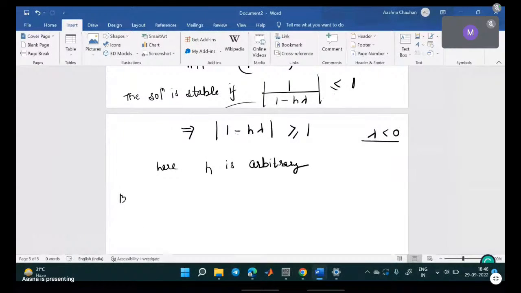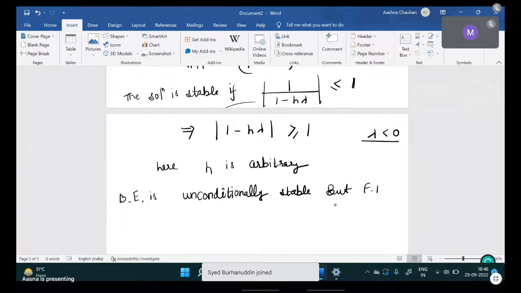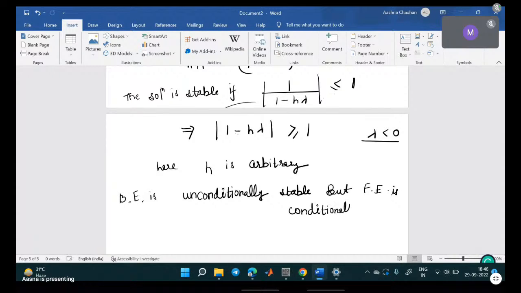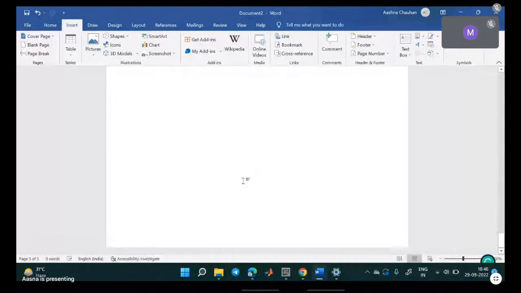So backward Euler is unconditionally stable, but the forward Euler is conditionally stable. ठीक है? So this was the stability of the backward and the forward Euler method.